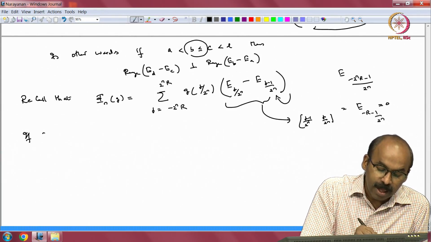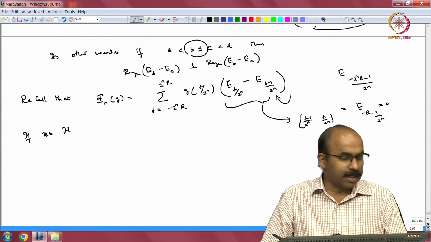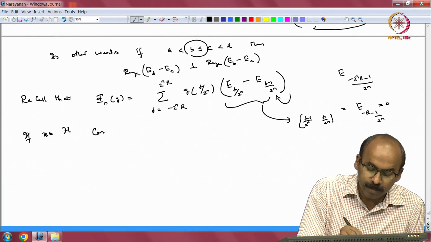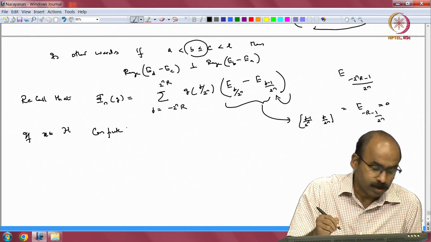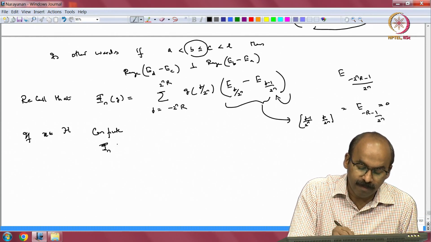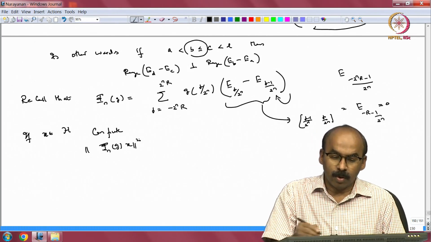So, let us act it on a vector x. If x is a vector in the Hilbert space H, let us compute the norm squared of φ_n(g)x.